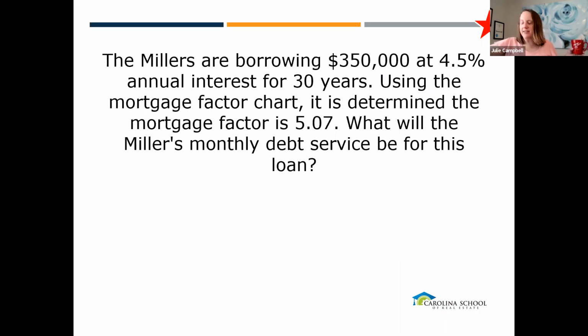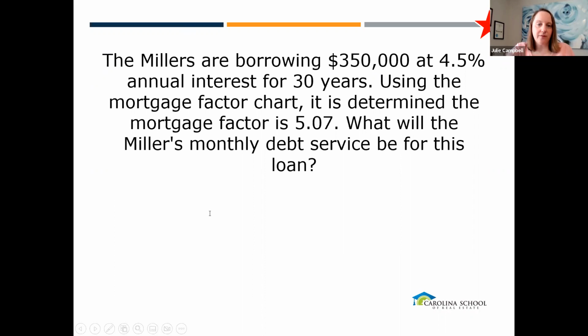If we had to find it, we would go down to 4.5% interest rate and then slide over to the 30-year term. And that's where we got that 5.07. So again, either it's going to give you the rate factor or it's got to give you the interest rate and the term.